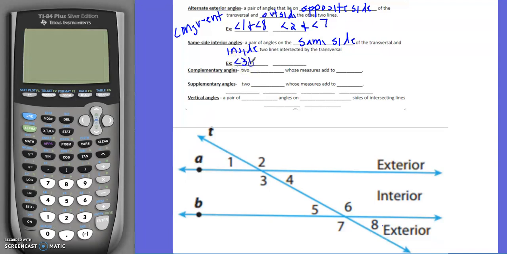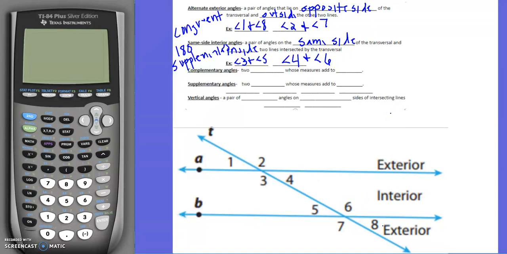These are not congruent, but they are supplementary. Remember, supplementary is two or more angles that add up to 180. Not only angle 3 and 5, but the other same side interior is angle 4 and angle 6. They are supplementary. They add up to 180.